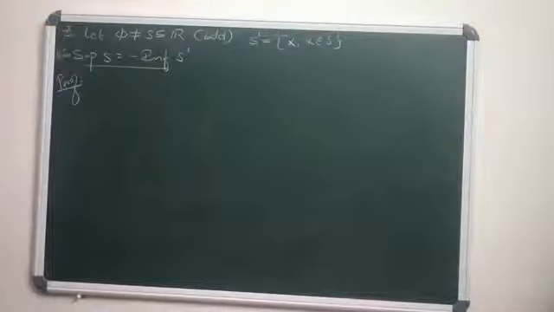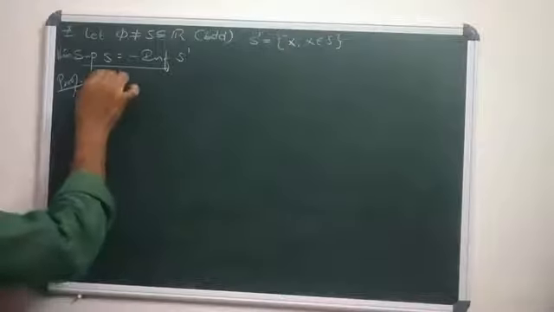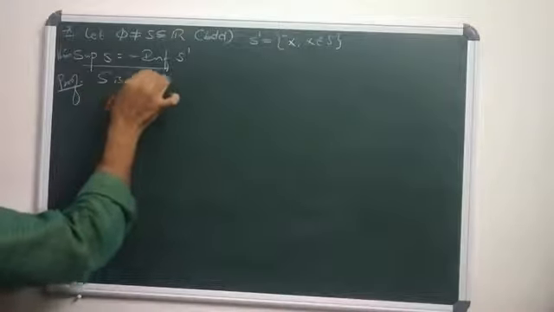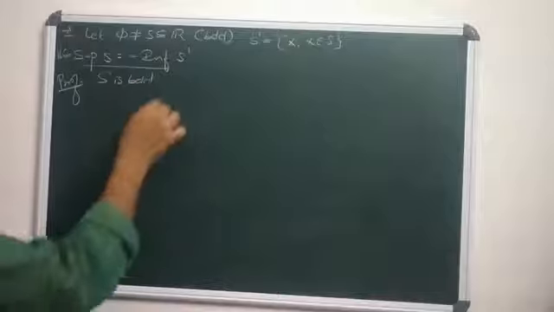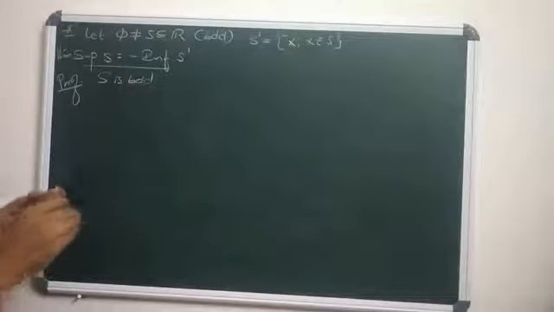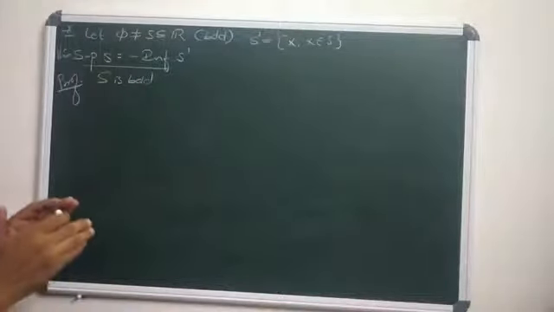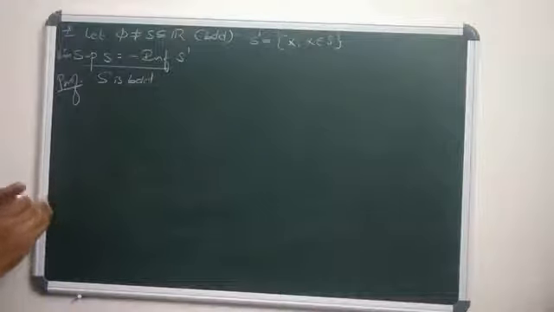How to prove this one? Given S is bounded. S is bounded means clearly it is bounded above. Since S is bounded above, it has a supremum.